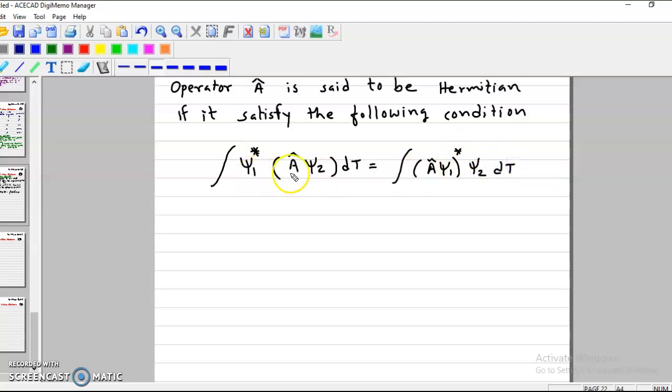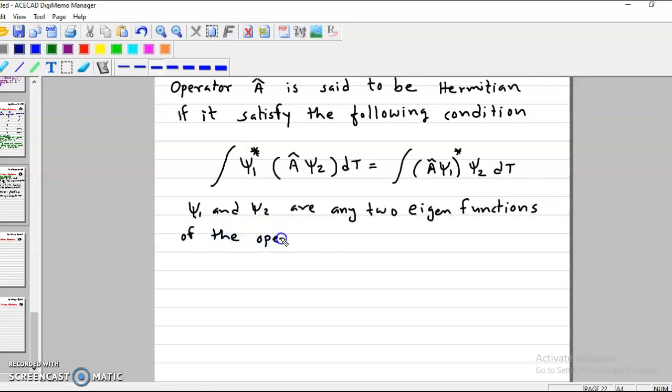That means you can allow multiplication of operator A with either psi 1 or psi 2, where psi 1 and psi 2 are any two eigenfunctions of the operator A. So this is about the Hermitian operator.